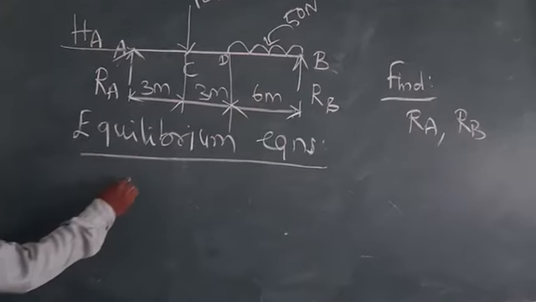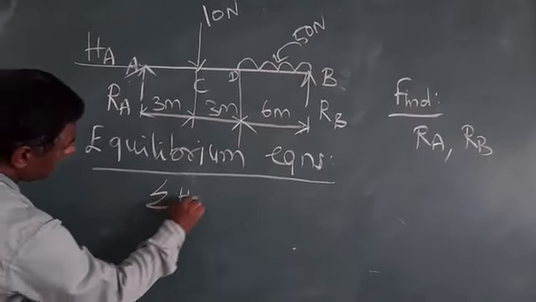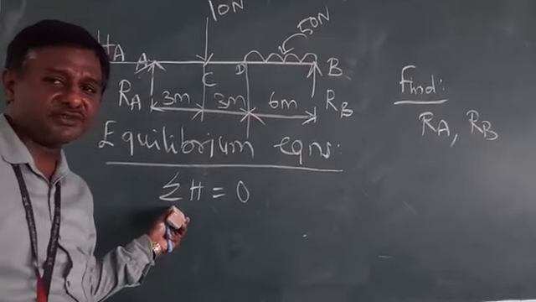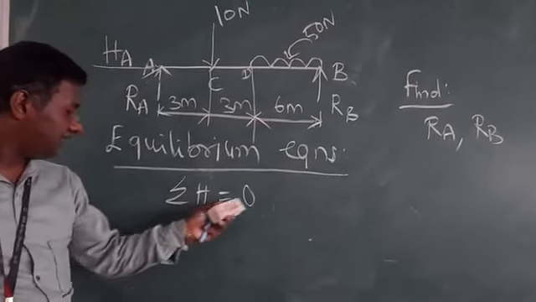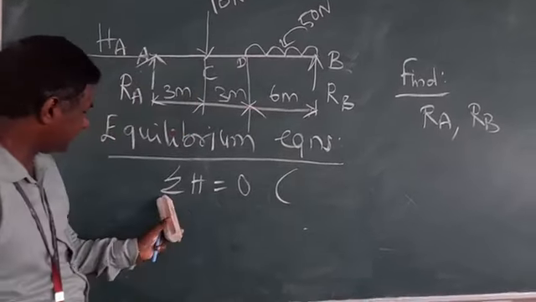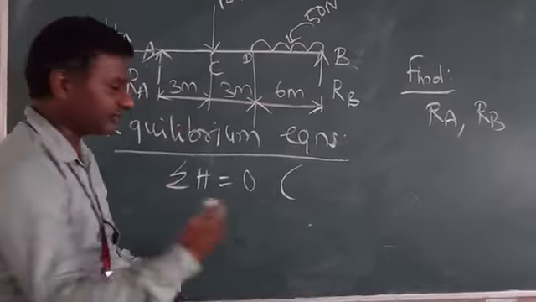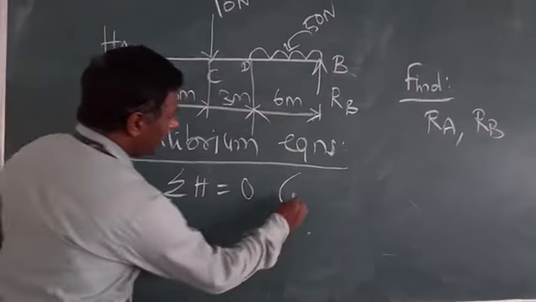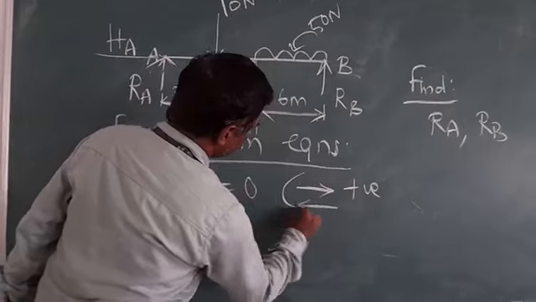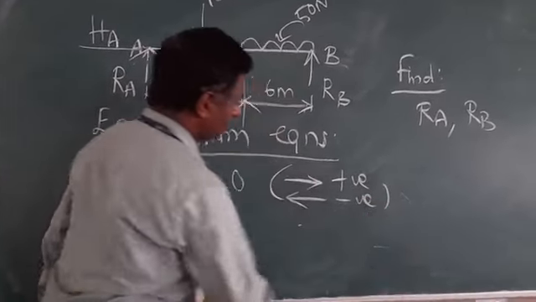First thing is sigma H is equal to 0. That means the algebraic sum of all horizontal forces is equal to 0. Let's take the sign convention. Since it is a sum of all forces, you have to take your own sign convention. I am taking towards right as positive and towards left as negative.